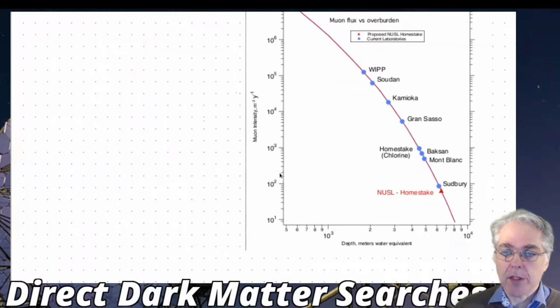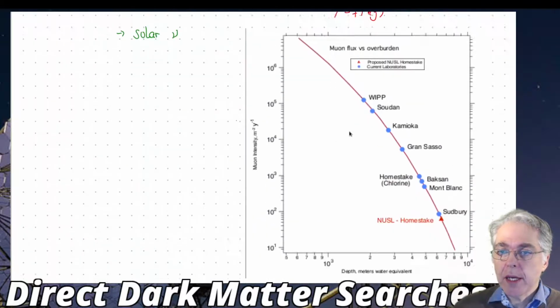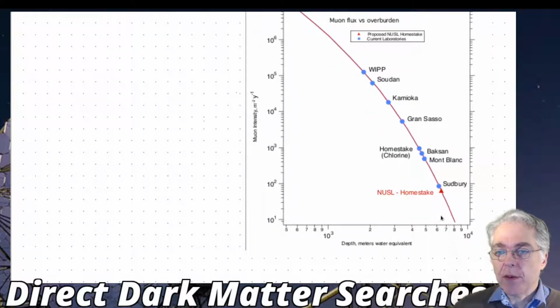This is shown here in this figure, where you see the muon intensity in units per square meter per year, how it is dropping over 6-7 orders of magnitude when you go from something close to the surface down to very deep mines, which have a depth such that the water equivalent overburden is of the order of 6,000 meters.